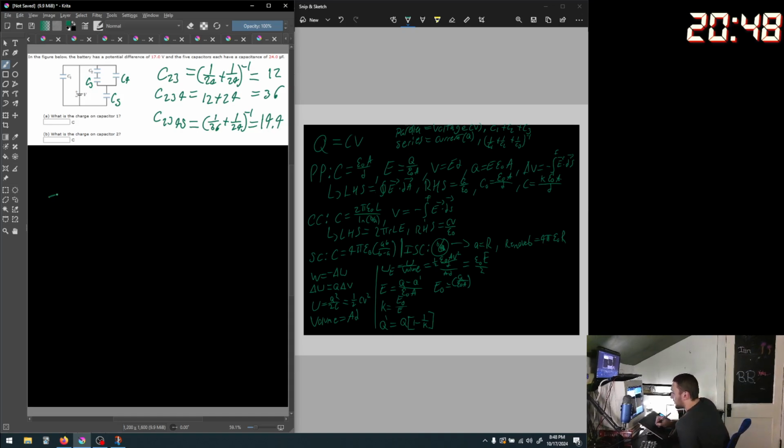Here we're going to have capacitor 1, and this is going to be C2, 3, 4, 5, and they're in parallel, which means that the voltage carries over. So this one's going to be 17. Well, we can say Q equals C1, which is 24, times 17 volts, going to be 408.